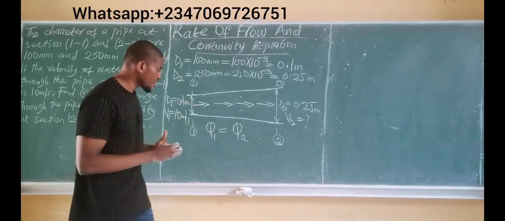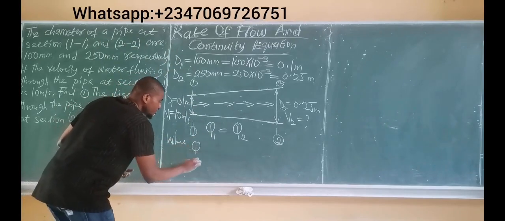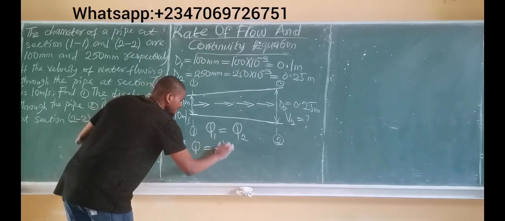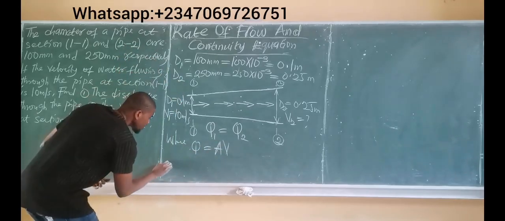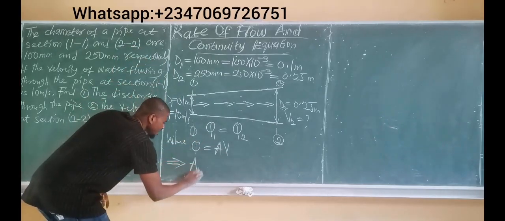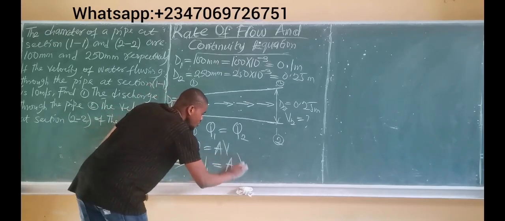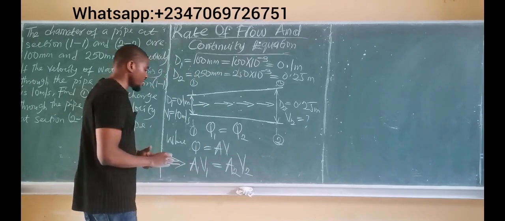What then is discharge? Q is simply area times velocity. So A1 times V1 is equal to A2 times V2.